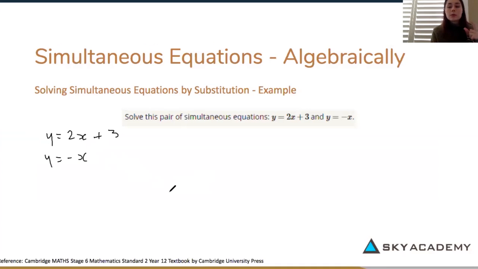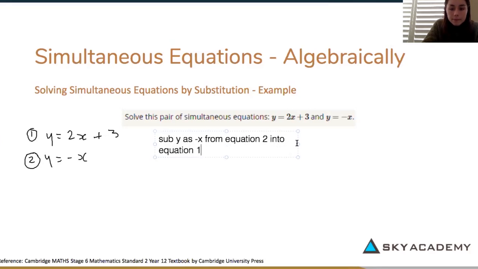Now what I'm going to do is sub my y in equation 1 as negative x from equation 2. I'll type that up so you can see what I mean. Sub y as negative x from equation 2 into equation 1.